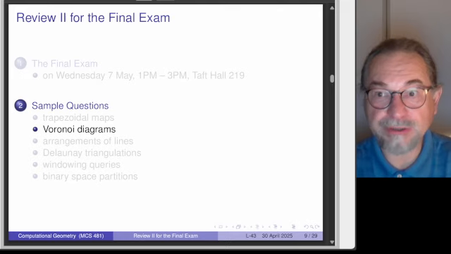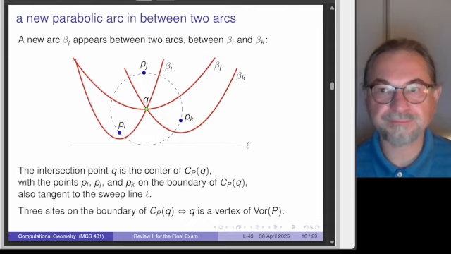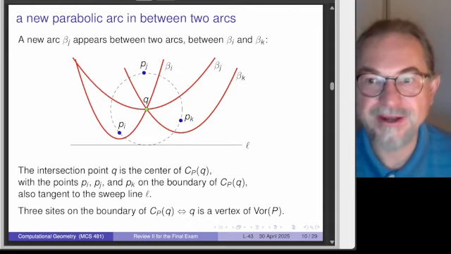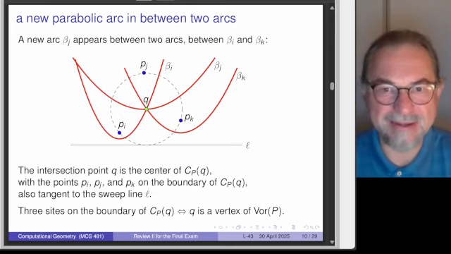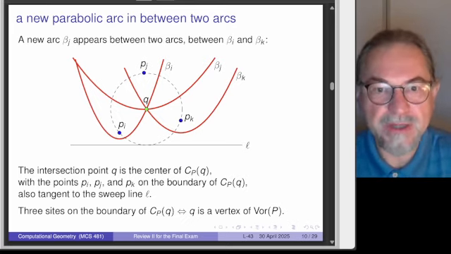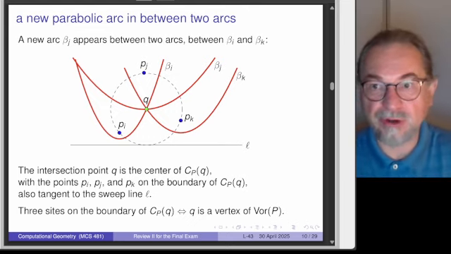The second question concerns Voronoi diagrams. Here is a picture that comes from one of the lectures. We are running the beachline algorithm.